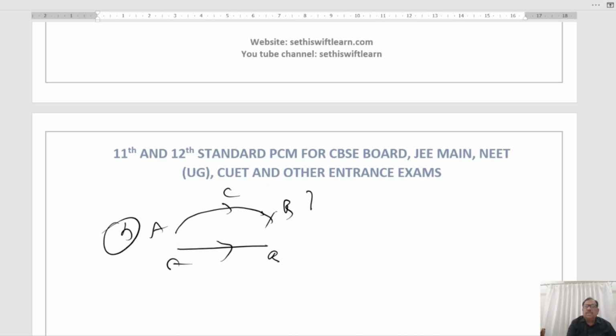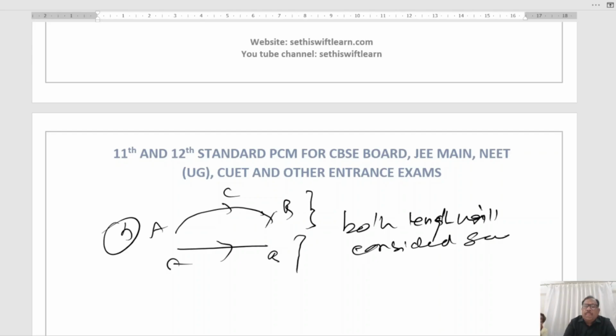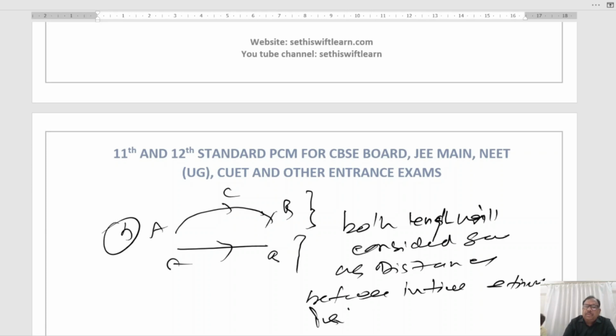In this case, both lengths will be considered same as distance between initial and final position is same.